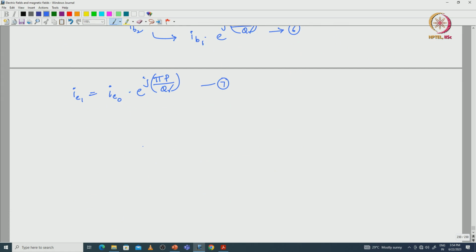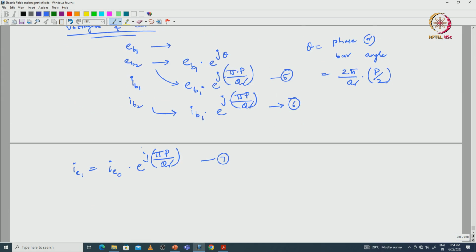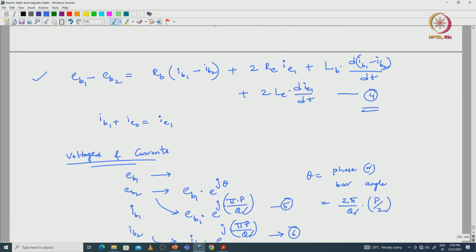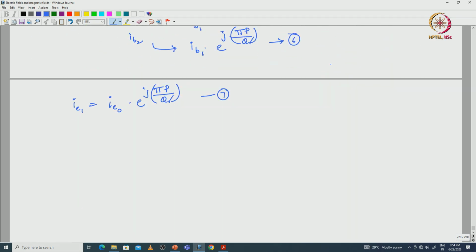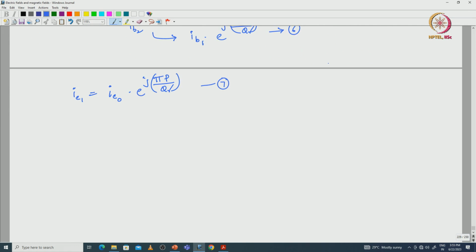So, by substituting all these equations in the above KVL equation, that is equation number 4, EB1 minus EB2 and IE1 minus IE2 we have to calculate first. First we calculate EB1 minus EB2, which is EB1 into 1 minus e power j pi into p by qr.